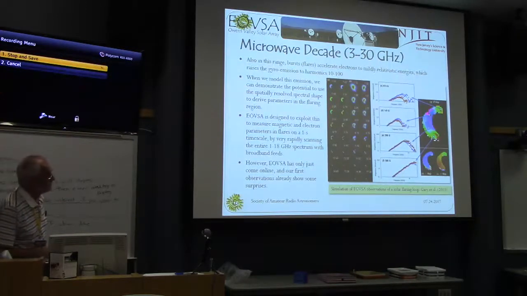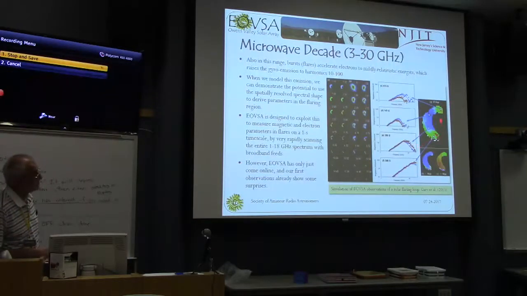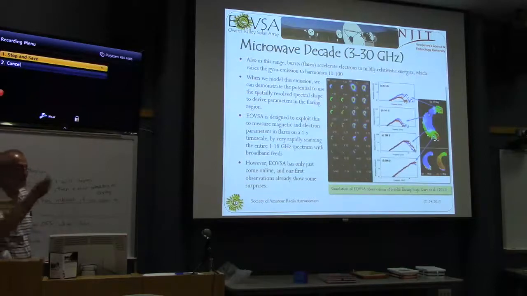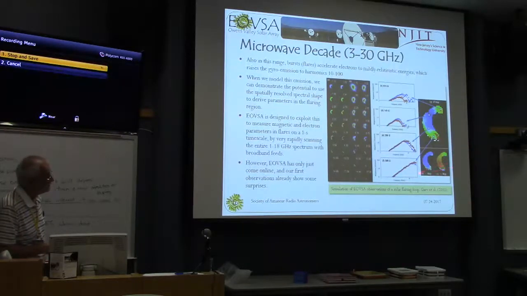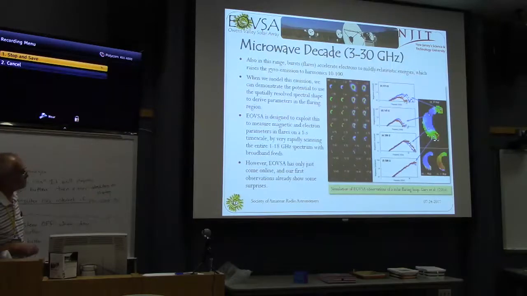From these spectra, you can measure the magnetic field. This is a magnetic field map actually created from this simulation. Here's the angle to the magnetic field, telling you the angle to the line of sight. And this is something to do with the energy of the particles in this simulation.